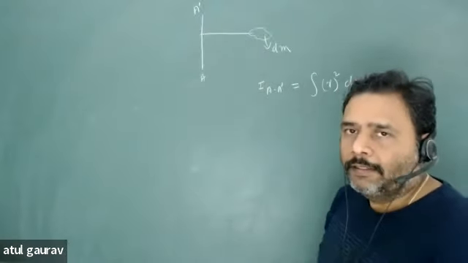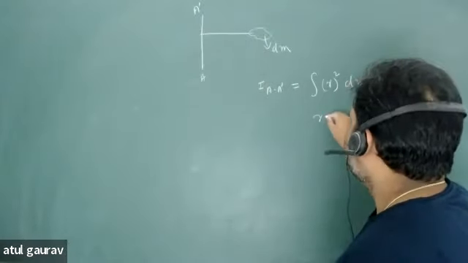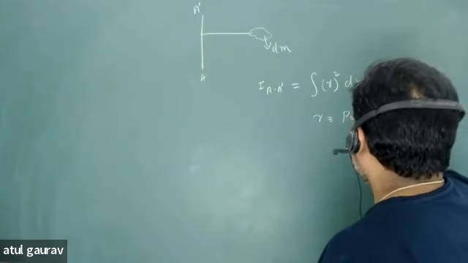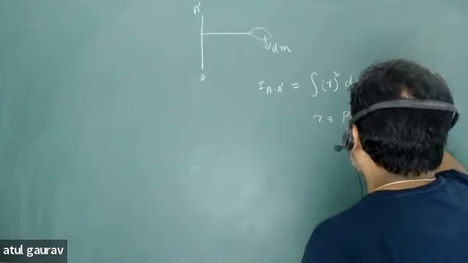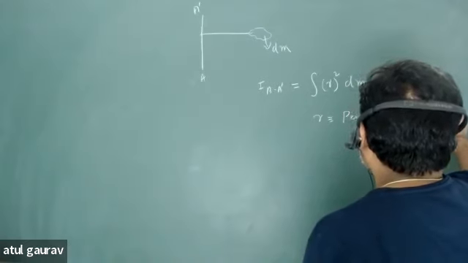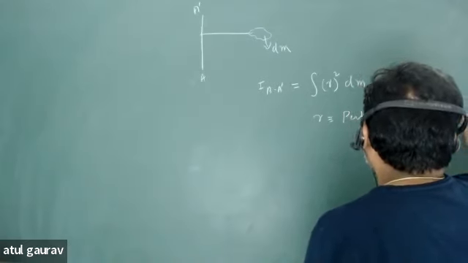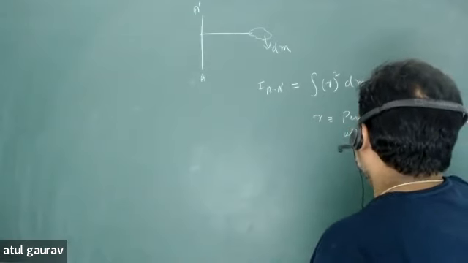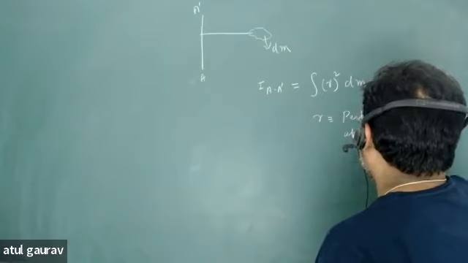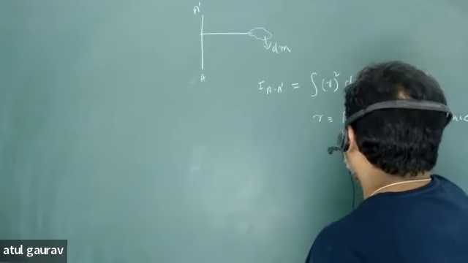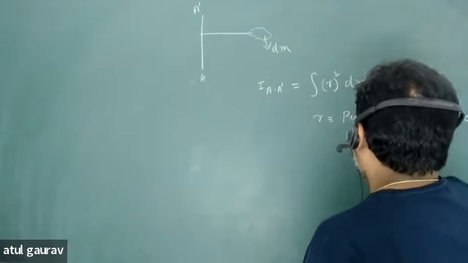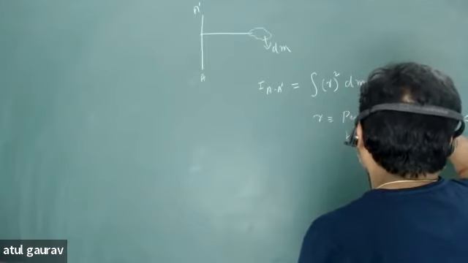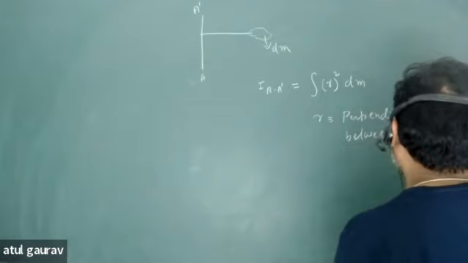Are you getting my point? R is actually the perpendicular distance between dm and the axis.